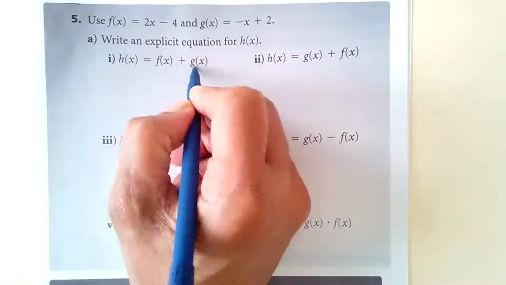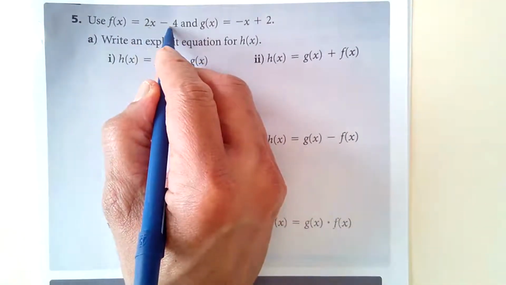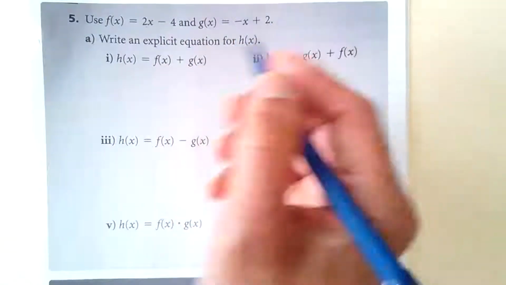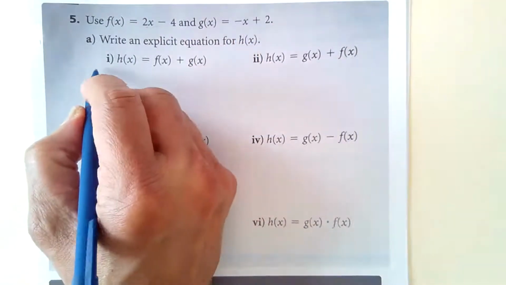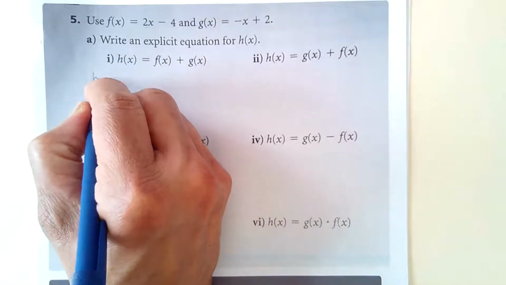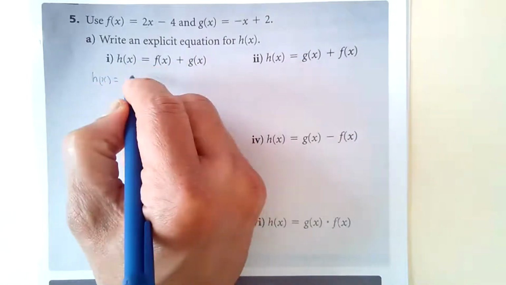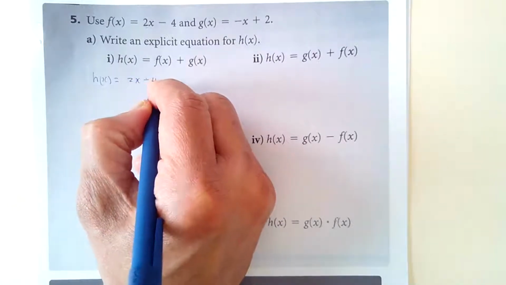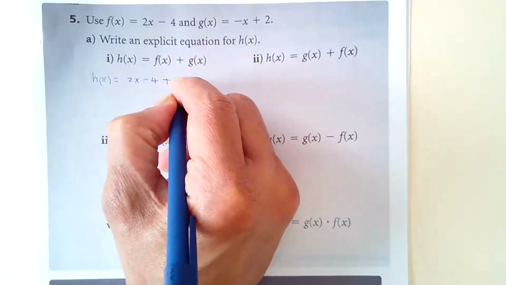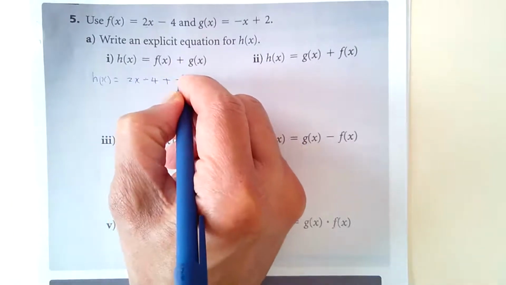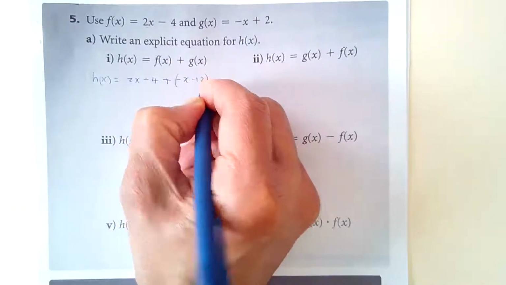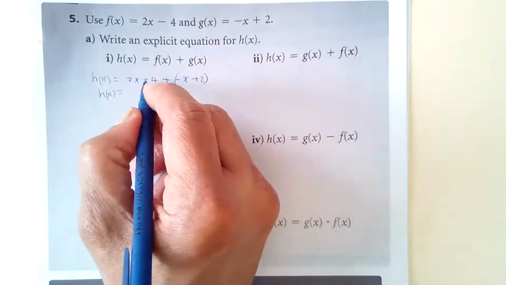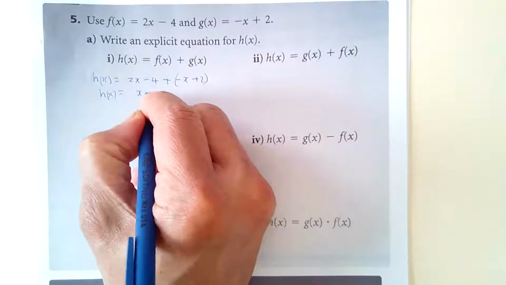We have f of x is 2x plus minus 4, and g of x is minus x plus 2. So write this as h of x is equal to 2x plus minus 4 plus minus x plus 2. Simplify, we end up with x minus 2.